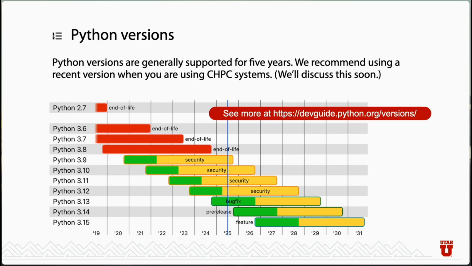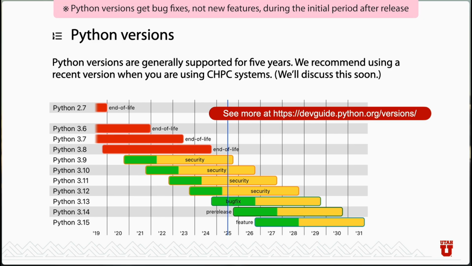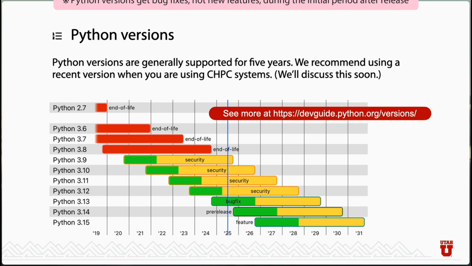They have an initial period where they get new features, and then a period following that where they get security updates, and after that point they're considered end of life. Whenever you're using Python on a CHPC system, we recommend using a recent version of Python. We haven't talked about using Python on CHPC systems yet, but we'll discuss this soon. This is just something to keep in mind.